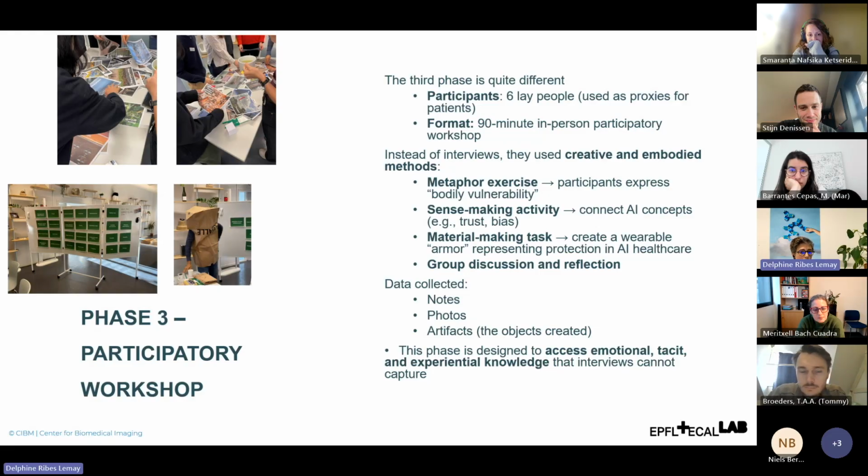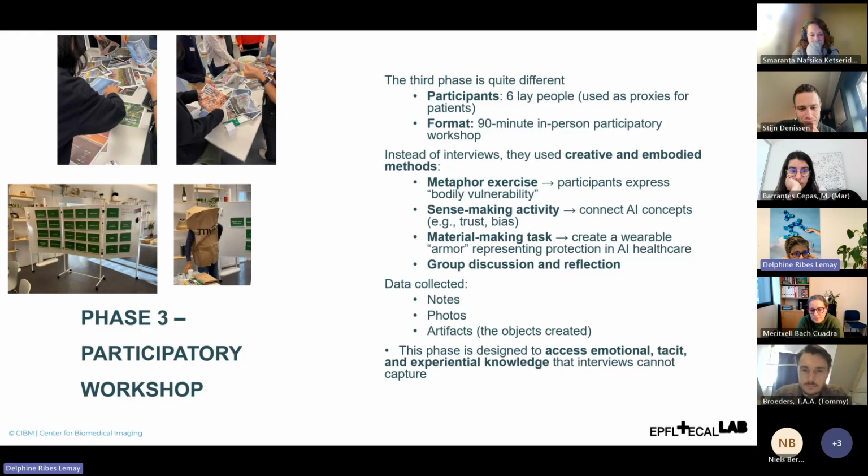We did different types of exercises, which are called metaphor exercises. So, you know, people express themselves by picking some images, what they think of compared to what AI means. They also did an exercise of sense making. So, you know, there was the word AI, and then they had to connect it to different words.